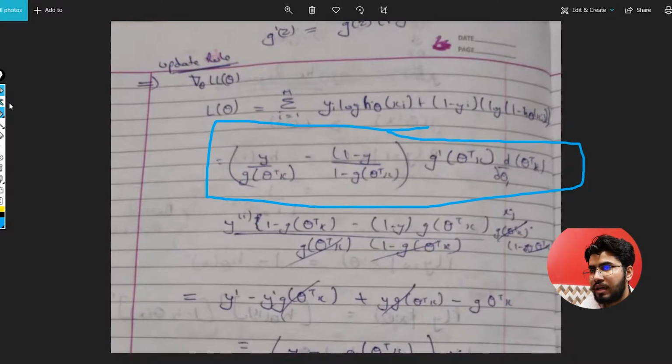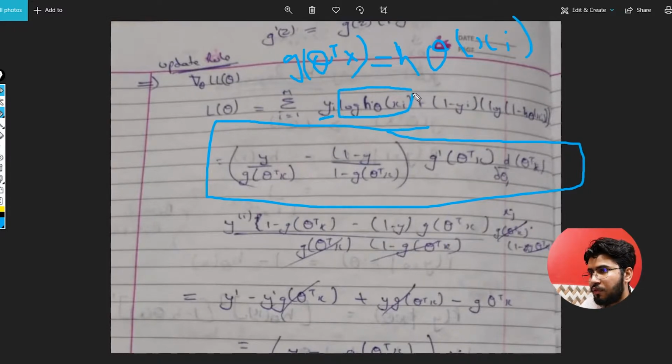First of all, you should know that you can write h theta of x as g of theta transpose x. These are the same thing, it doesn't matter, so I have written it here. For the differentiation of log, y divided by this value is going to come here, and that's why I have used this notation.